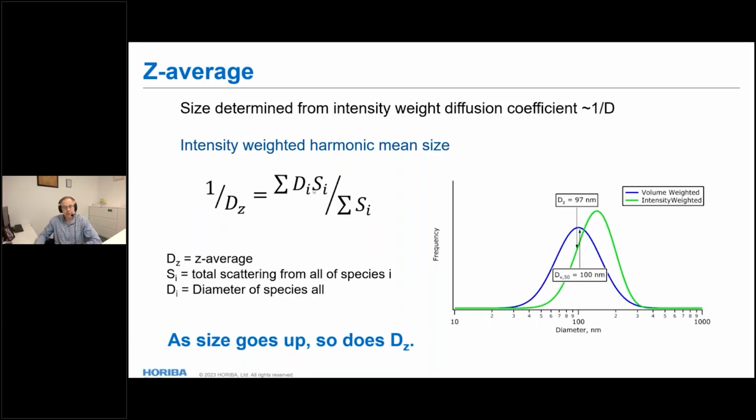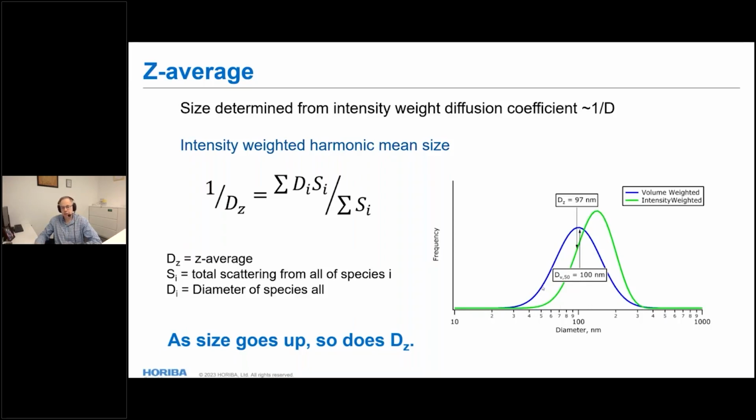And then I weight by scattering, not by the number of particles in each. So here's an example plot where I have in blue the volume weighted size distribution, and then in green the intensity weighted size distribution.